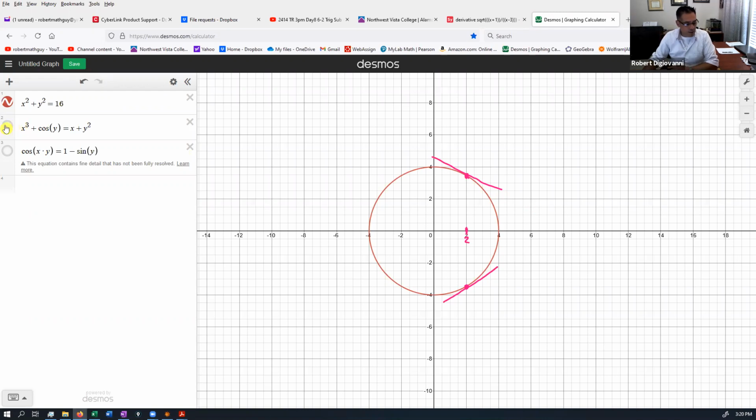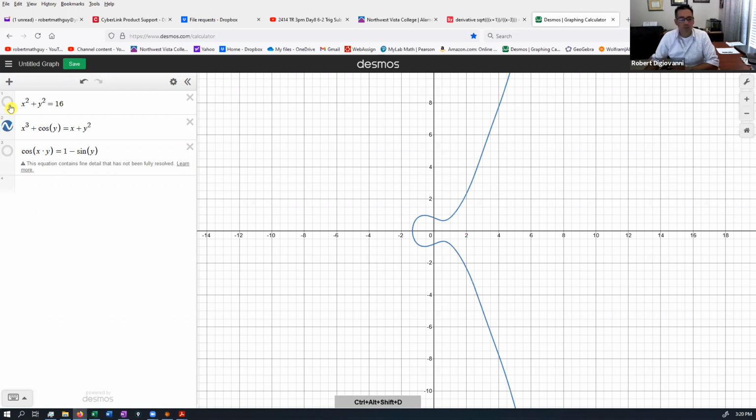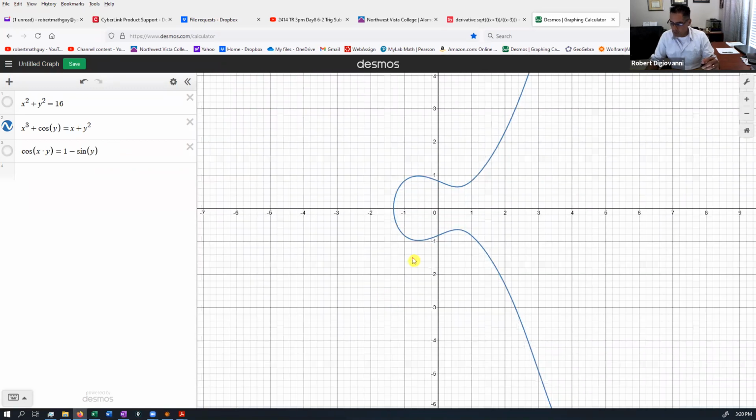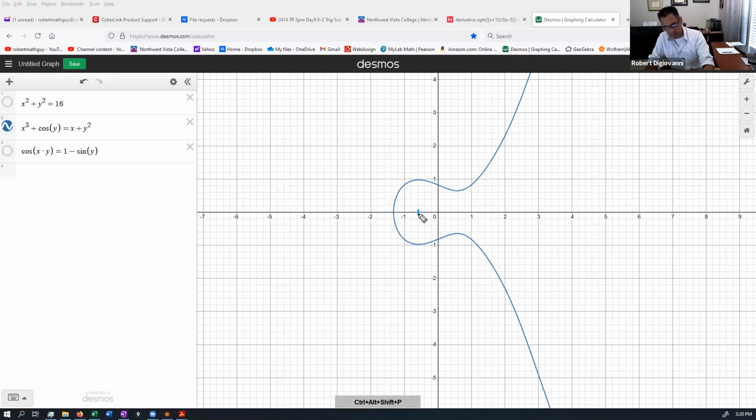If we do this for the other curve, this one, we run into the same issue. If you pick some value of x, let me zoom in on this, let's say I pick right here, whatever that x is. If I go up, I've got this point. If I go down, I've got this point.